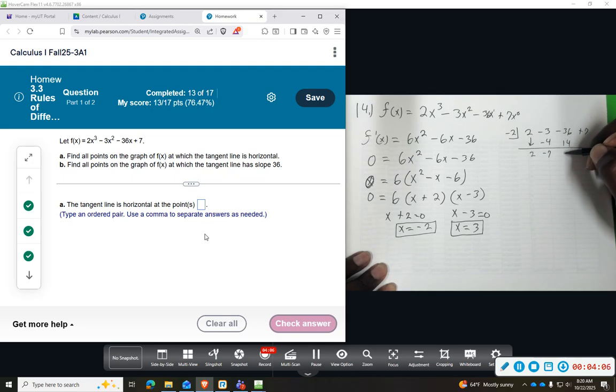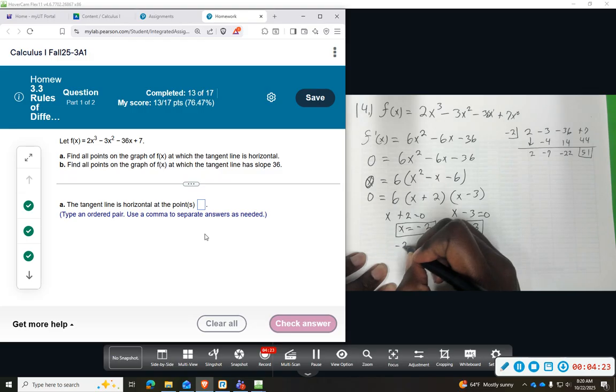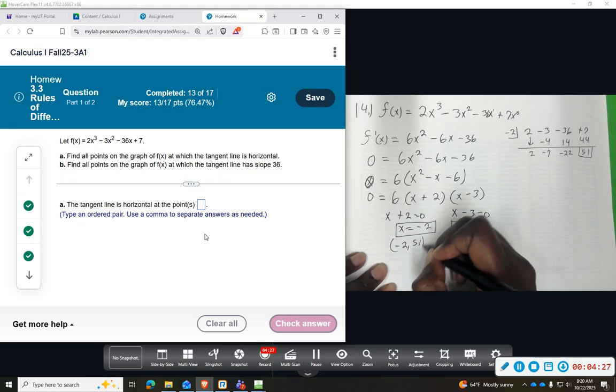Subtract these and that will give us a negative 22. And then negative 2 times negative 22 is a positive 44. And add, and that will give us 51. So the ordered pair negative 2 and 51 would be one point.